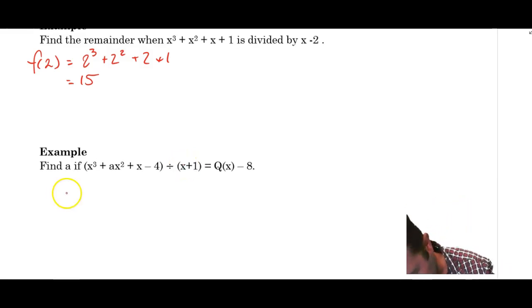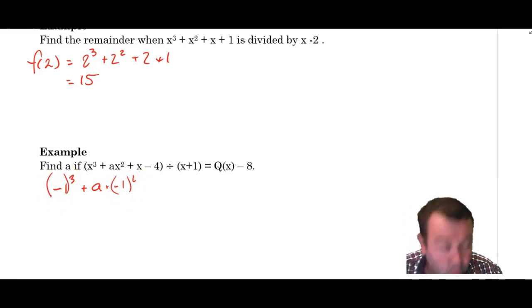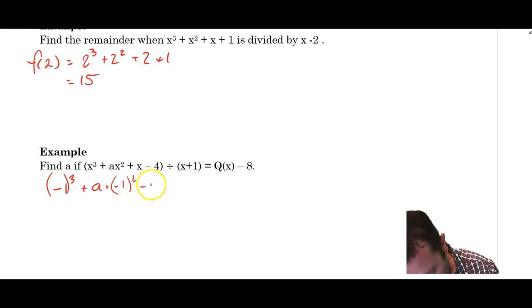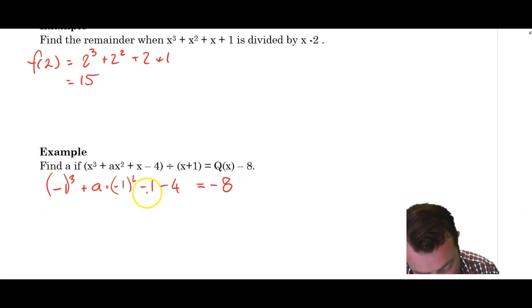So I'm going to say minus 1 cubed plus a times minus 1 squared, which is just equal to 1, so that's a, minus 1 minus 4, equals minus 8. So I've got minus 1 minus 1, that's minus 2, is minus 6.